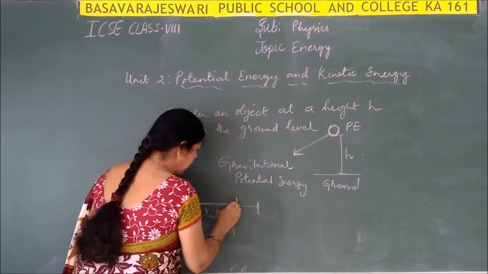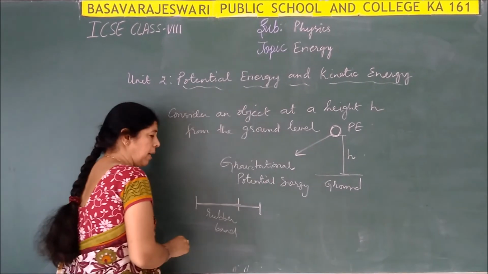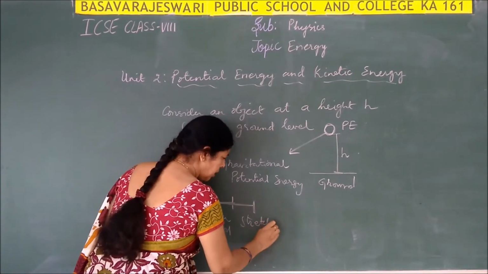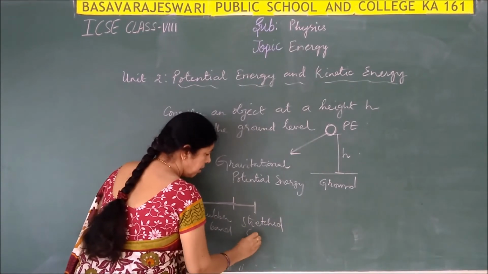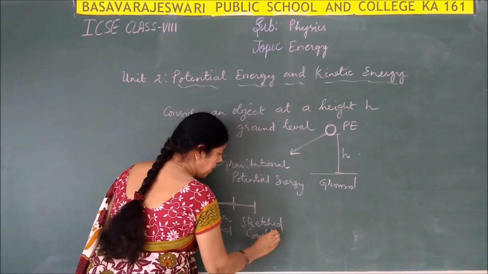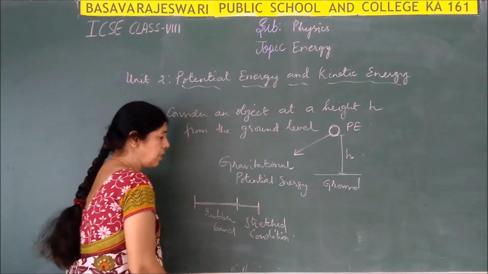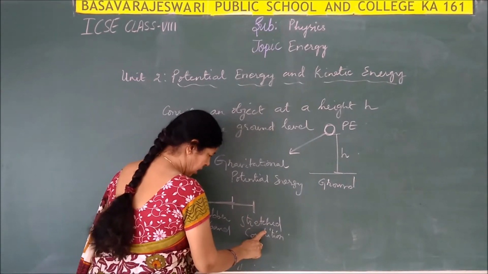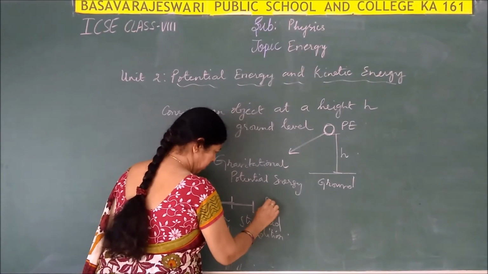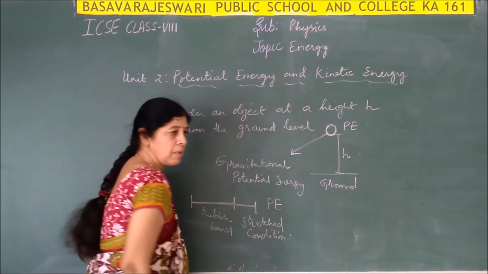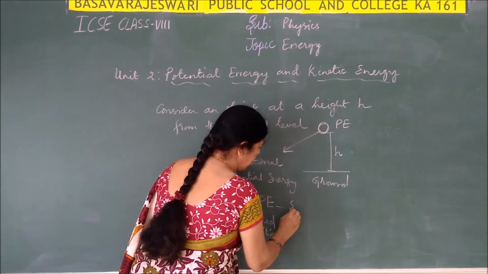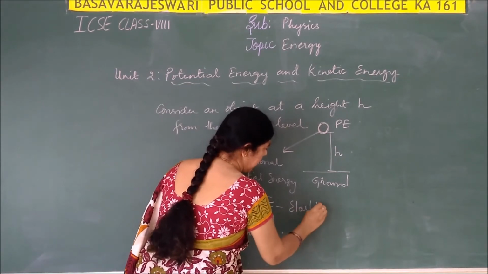There will be an increase in the size of the rubber band. The rubber band will be in stretched condition, right? And hence this rubber band, which is in stretched condition, will also possess some type of energy, that is potential energy, and this potential energy is called elastic potential energy.